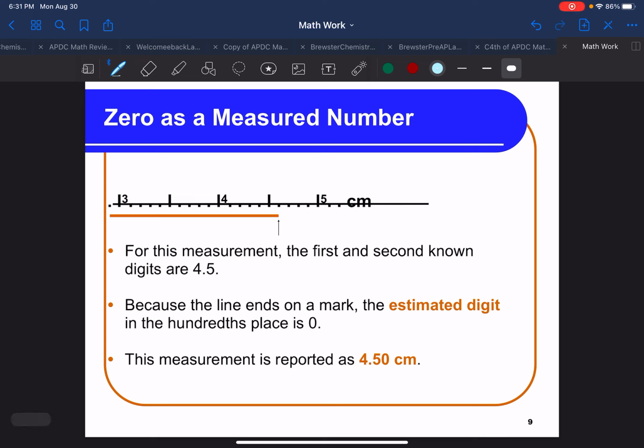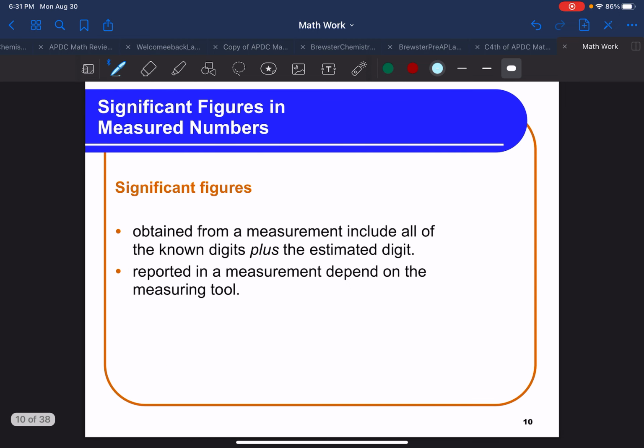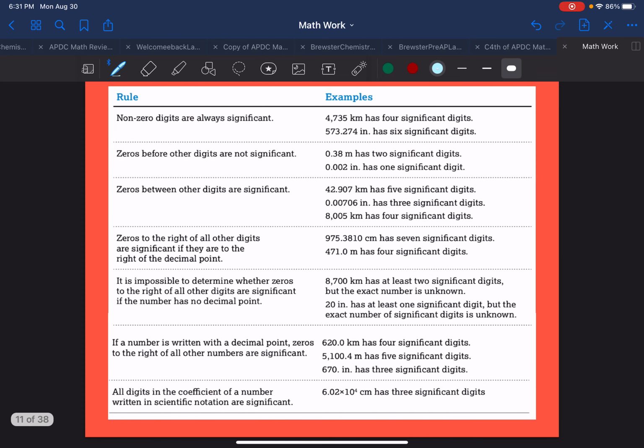It's when you're adding on any numbers past what you know of, the next digit is considered to be an estimated digit because we're not 100% sure that's what the number is. And so significant figures just tells us the specificity with which we measured.